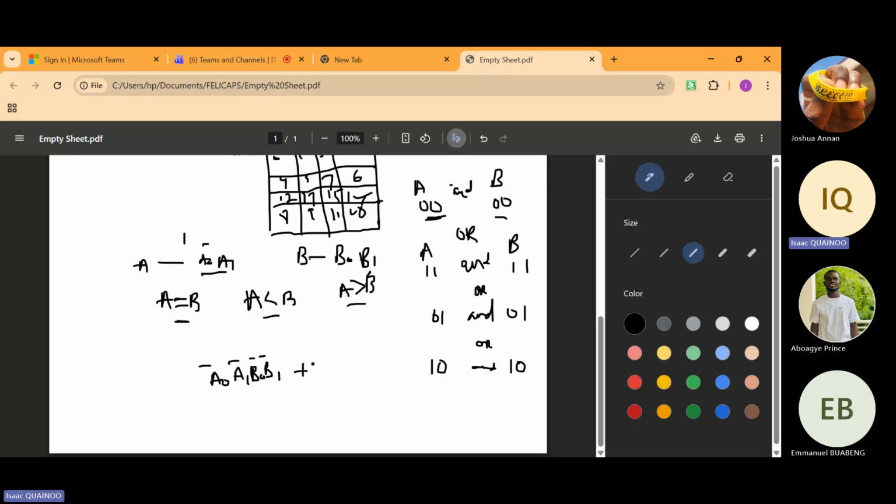So 1 and 1 is going to give us A0 A1, plus A0 A1 for B as well, B0 B1. Then bring our plus again. Then come and look at the third scenario. That's 0, 1, 0, 1. What is it going to give us? Please, what is 0, 1 going to give us?